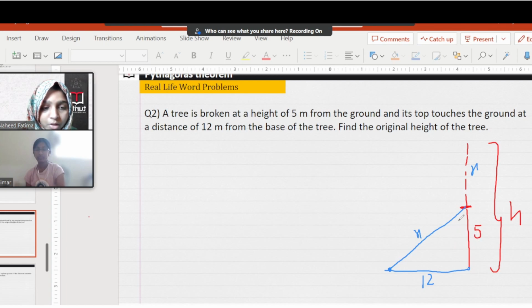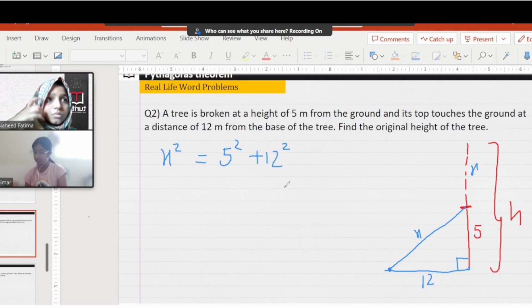Now who is the hypotenuse? We can see this is making a right angle triangle because your tree is 90 degrees to the ground. So now just apply your Pythagoras to this. X is your hypotenuse. X square equals 5 square plus 12 square.